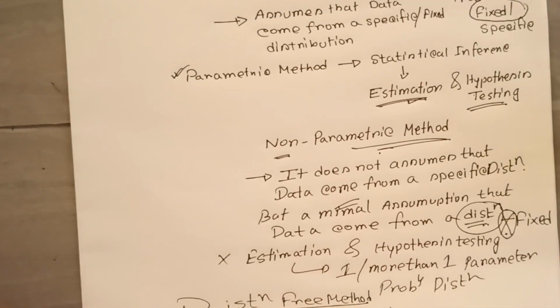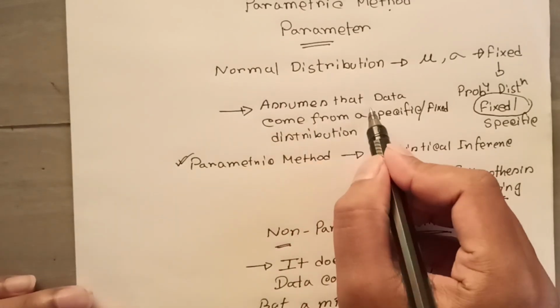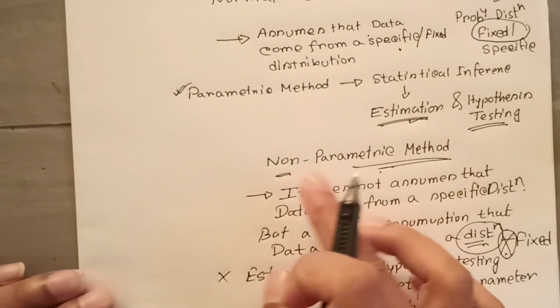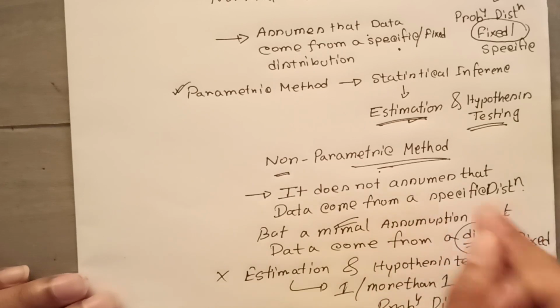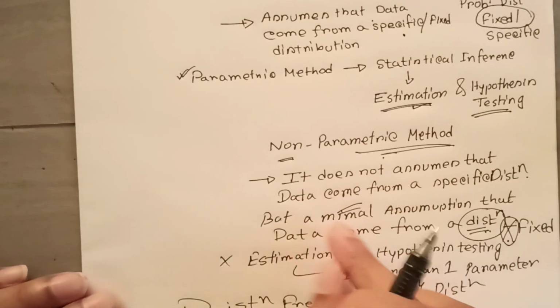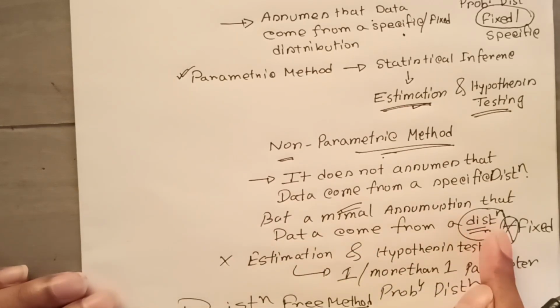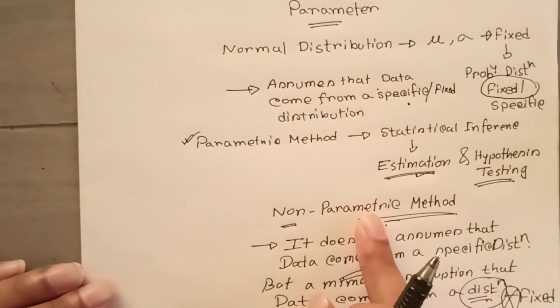So in the parametric method, it assumes that data come from a specific or fixed distribution, but in the non-parametric method, it does not assume that, only a minimal assumption that data come from a distribution, not a specific distribution. So these are the differences between the parametric method and the non-parametric method.